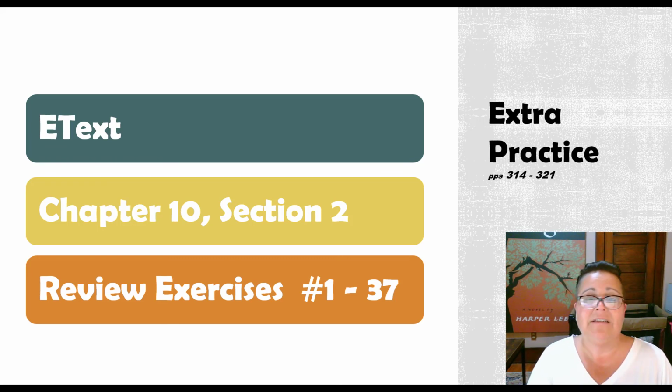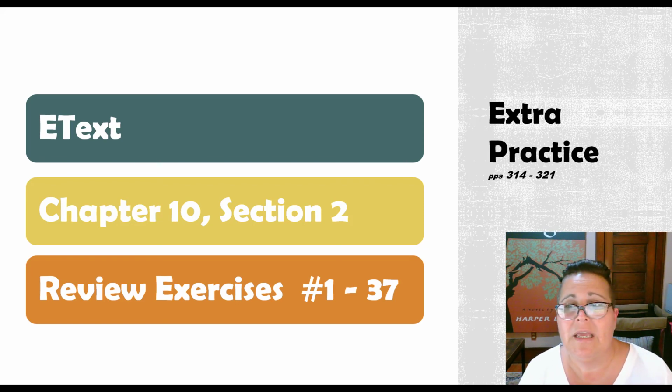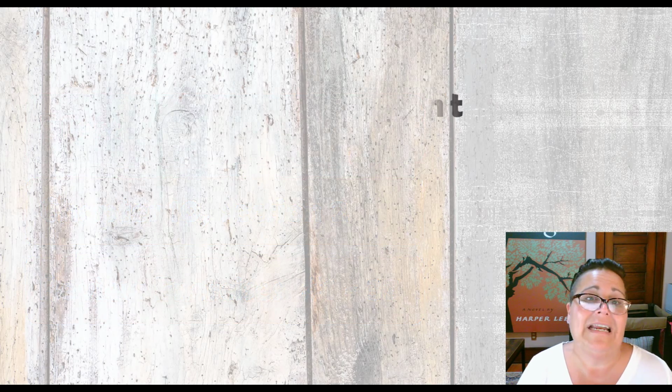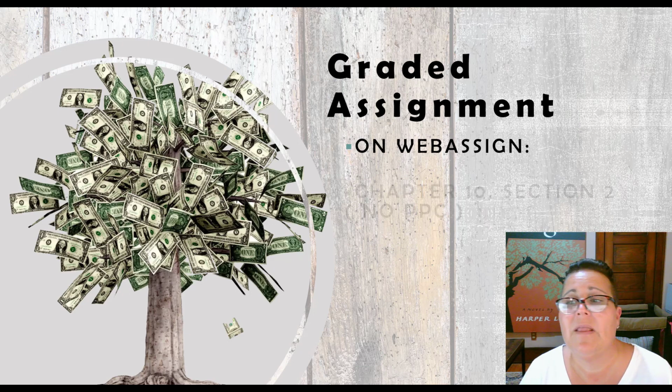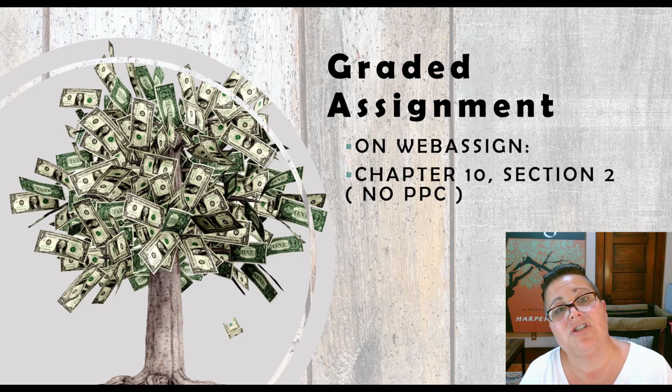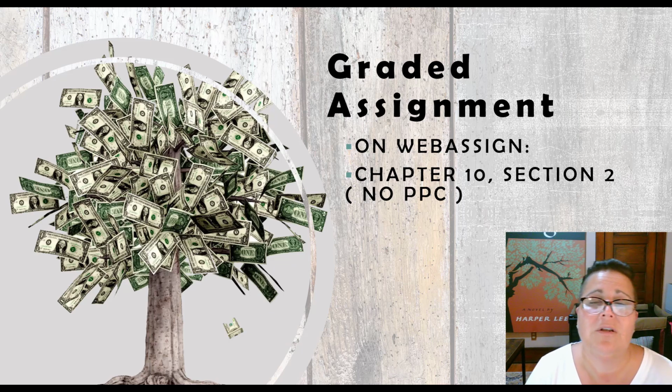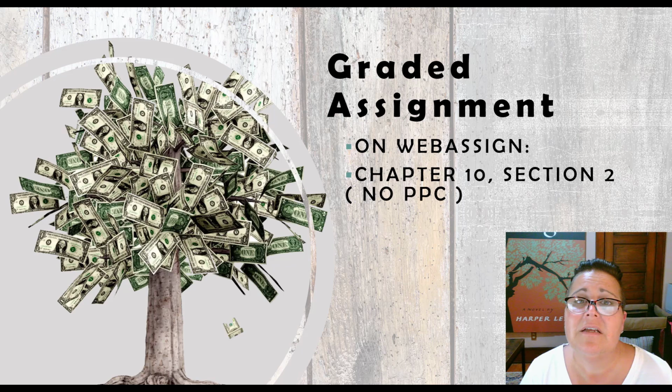That extra practice, if you have a physical copy of the textbook, is on pages 314 to 321 in the text. The graded assignment that you will find for this section is on WebAssign. It is Chapter 10, Section 2, and it is titled Chapter 10, Section 2, No PPC. PPC is partial payment, which is what we'll be doing in the next section.